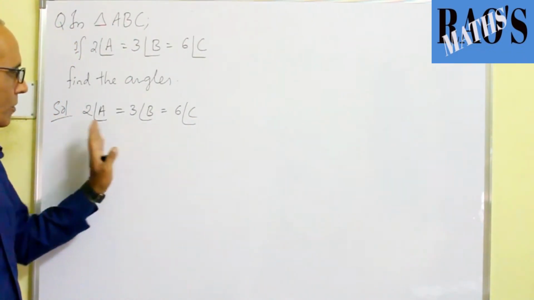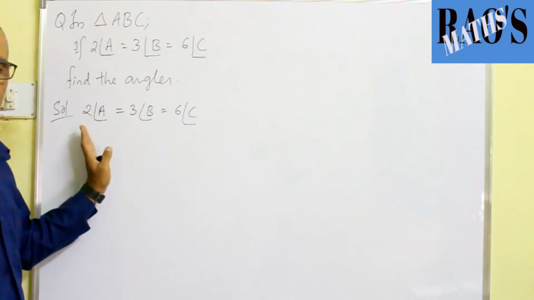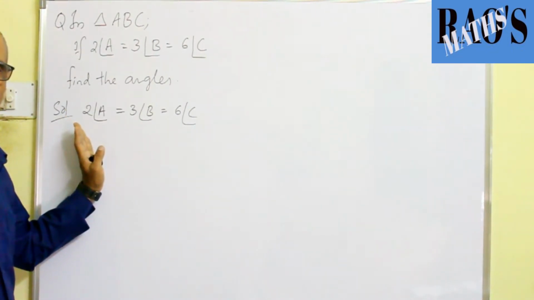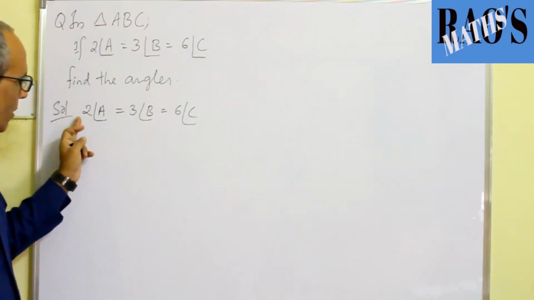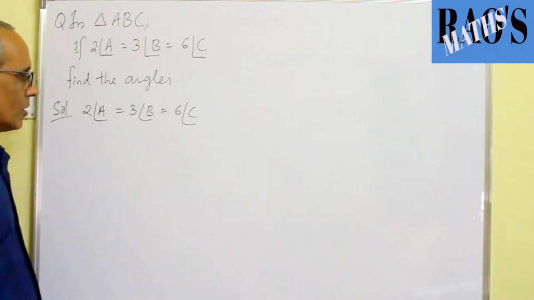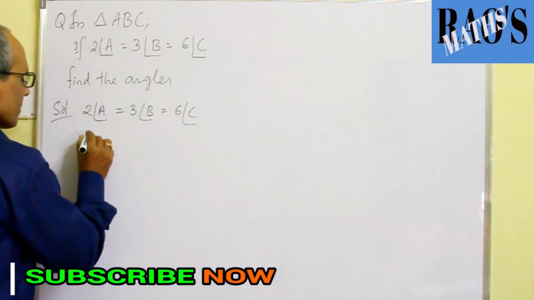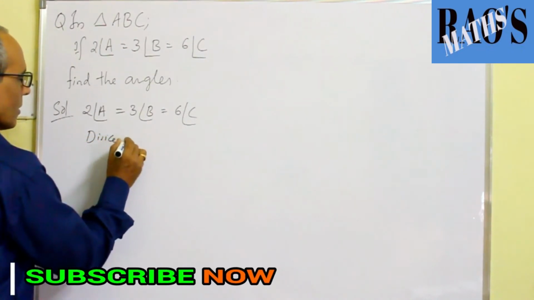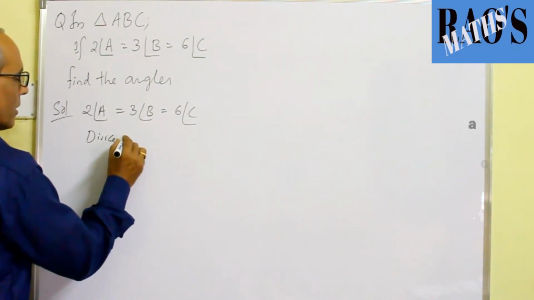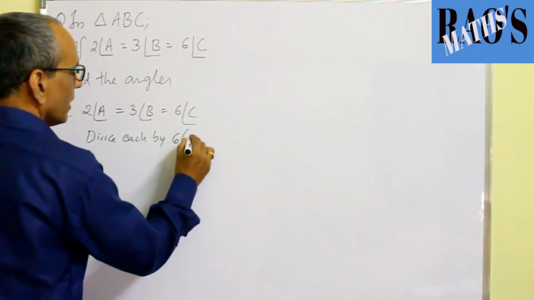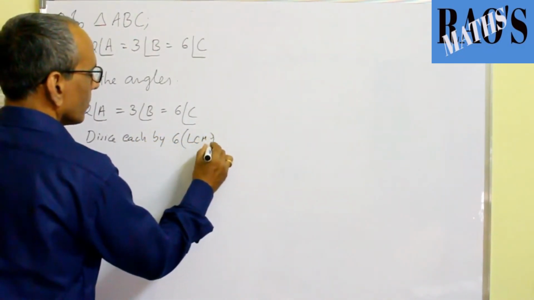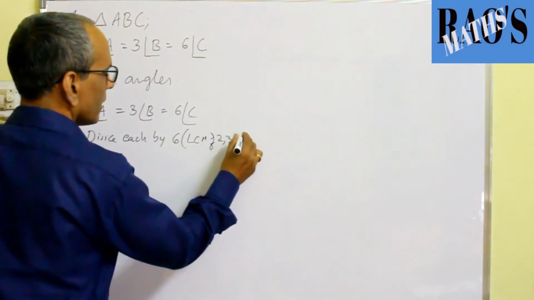So to get the ratio of these 3 angles, divide by the LCM of these coefficients of angle A, B, C, that is 2, 3, 6. Here the LCM of 2, 3, 6 is 6. So divide each by 6. Why? It is the LCM of 2, 3, 6.